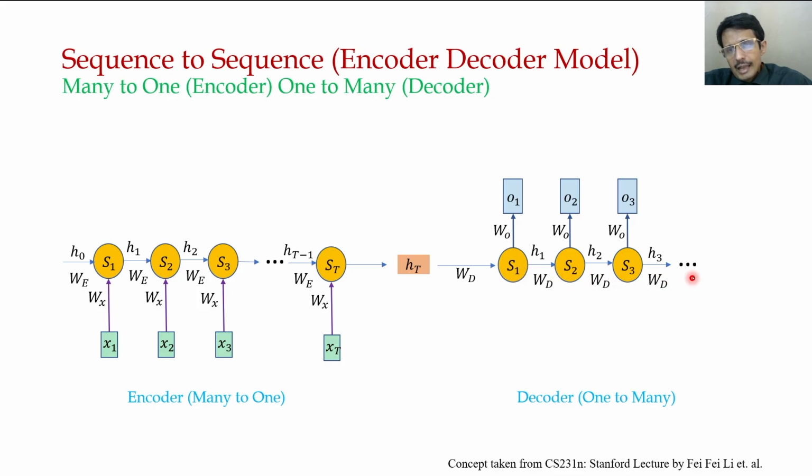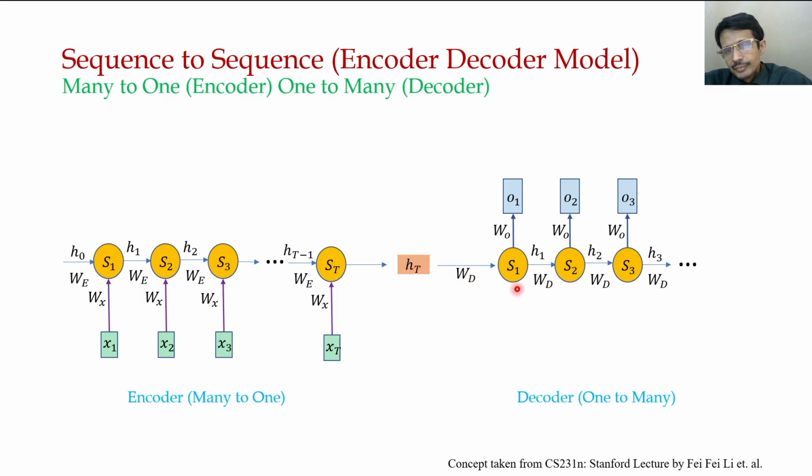And the decoder also has the required number of steps or time instances as per the application. Then H1 here produces H1, H2 produces H2, and so on. And what is H1? H1 is now basically coming from this HT.